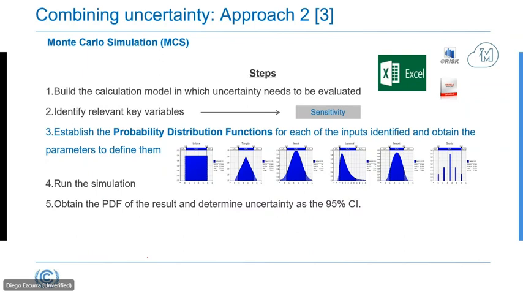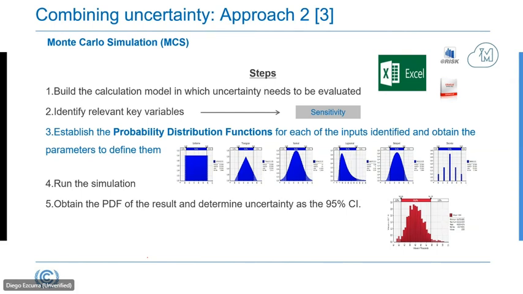And then you will obtain the probability density function of the result. You will actually obtain a histogram of the result from which you could extract the 95% confidence interval. So you will achieve something like that. That would be the result of your simulation.